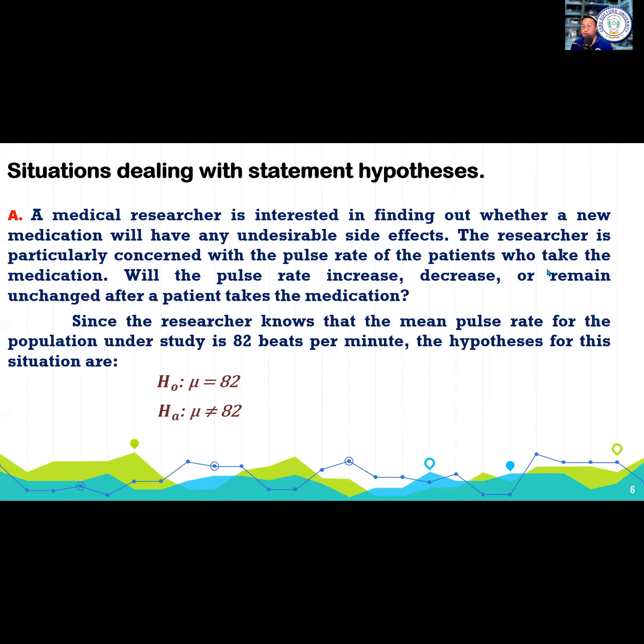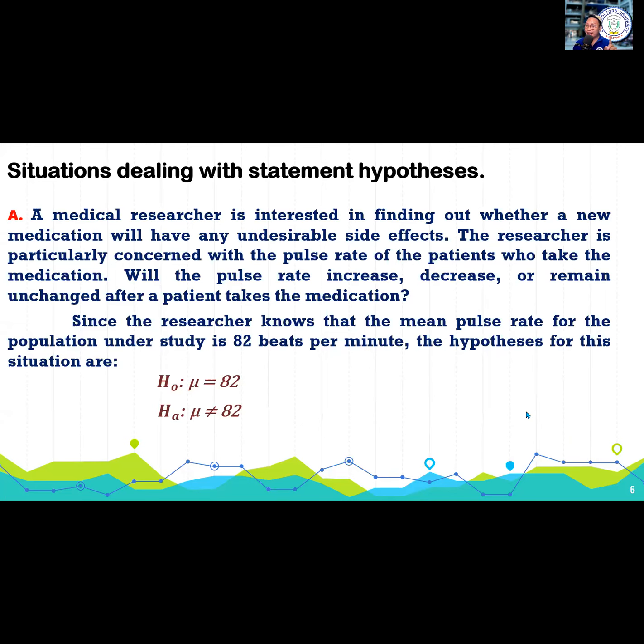Why is it not equal to? The clue, guys, is here. Will the pulse rate increase, decrease, or remain unchanged? Your answer, Rona, is actually correct in terms of sentence construction. It's totally fine. The pulse rate will either increase or decrease.